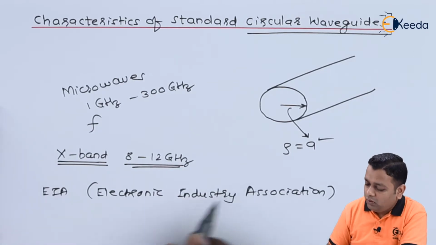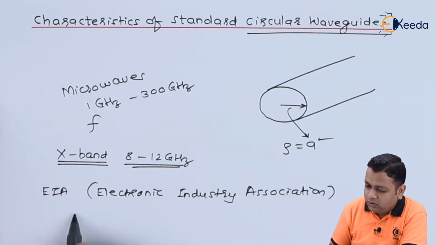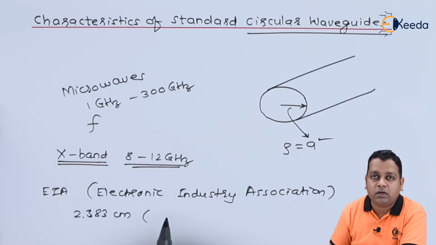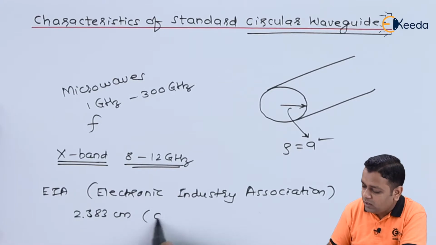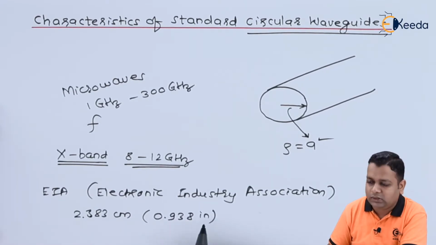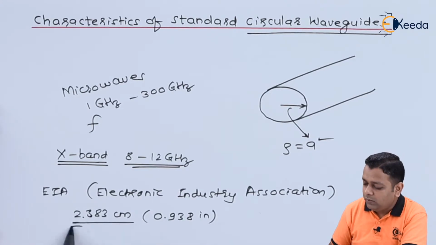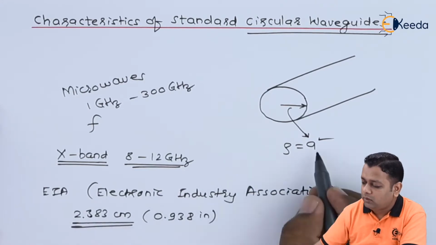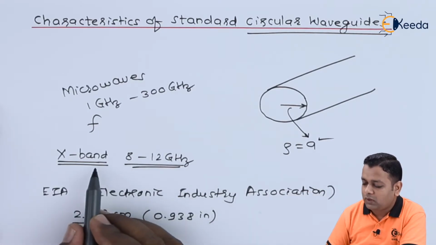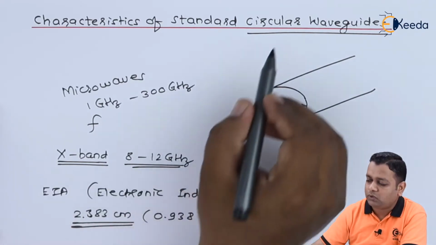For the inside dimension we use the value 2.383 in centimeters, and in inches it measures 0.938 inches. So this will be the standard requirement of the inside radius of the circular waveguide if you want to work with X band frequencies.